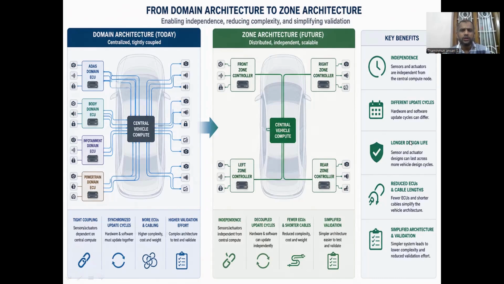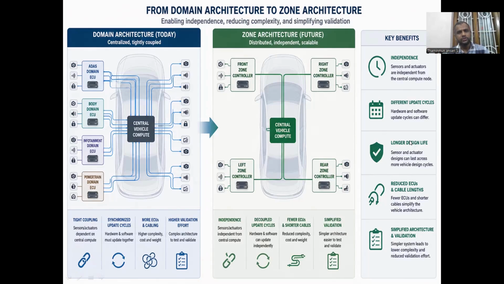What we have in a zonal architecture, as we discussed before, is a zone controller. Each zone has its own controller. Those zone controllers are in turn connected with a number of sensors and actuators in that zone. The sensors or actuators in the zone do not depend on the central vehicle compute unit.